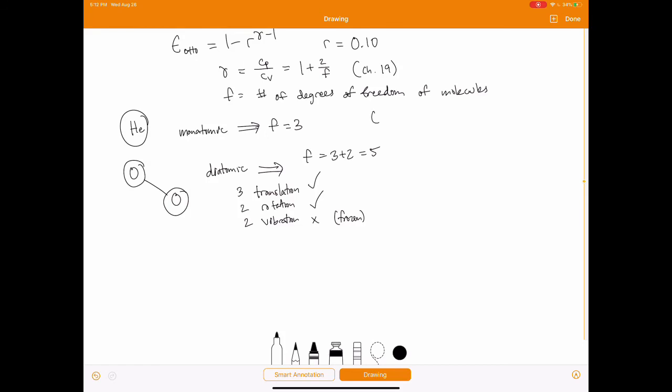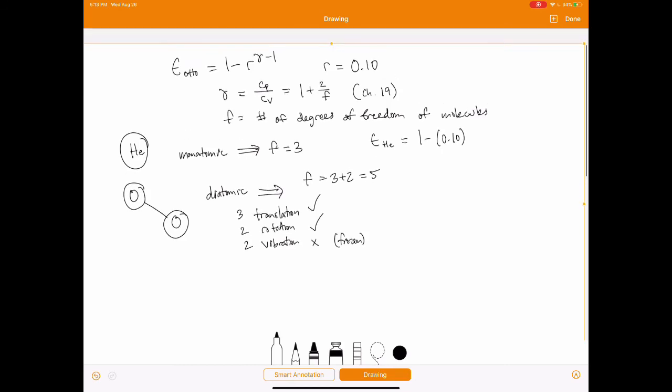So the efficiency we would get with helium is 1 minus the compression ratio of 0.1, and then we have gamma minus 1. So here, if gamma is 1 plus 2 over F, gamma minus 1 is just 2 over F. So the power is 2 divided by 3. And that gives 0.78.